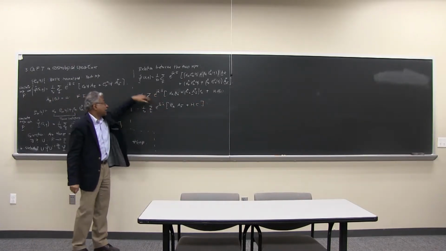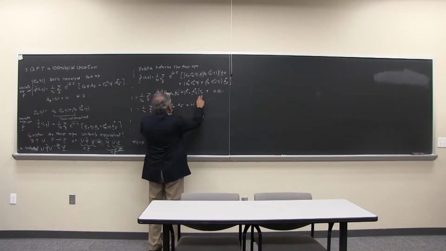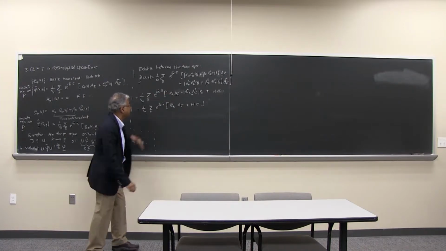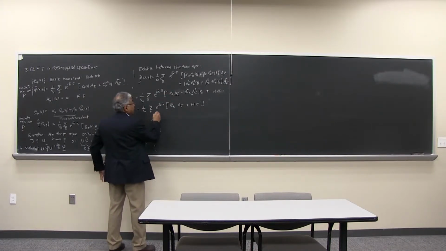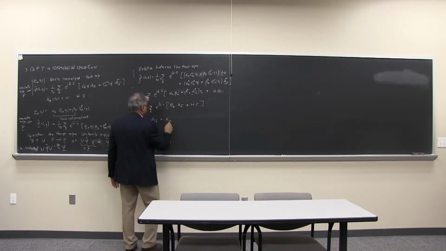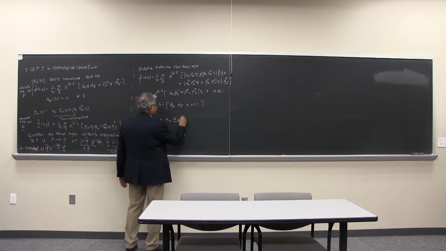Now e to the i k dot x is a complete basis, and the e k's are also a complete basis. Therefore, if these expansions are going to be equivalent to each other, it had better be true that a k up here is equal to alpha k a bar k plus beta star k a bar k.